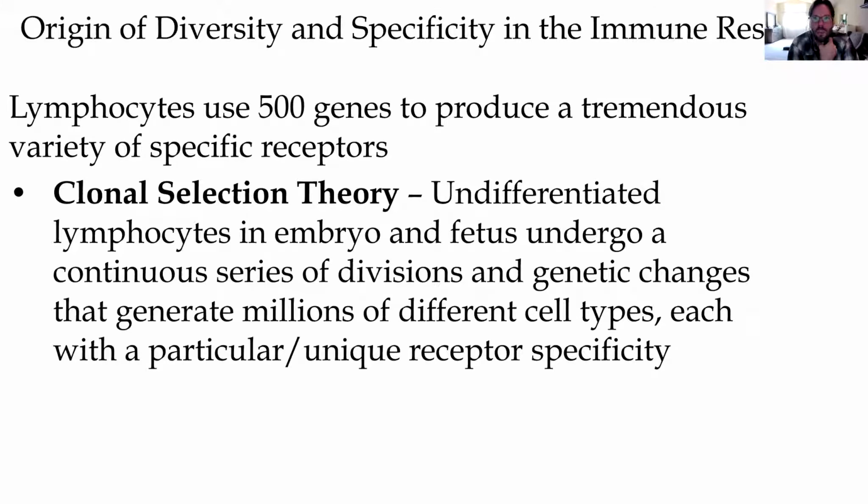Now, how do these lymphocytes, these T cells and B cells, actually get their specificity? Well, they have a bunch of different genes that they will express or not express, or that they will rearrange the genetic sequence of, to then create essentially proteins that are complementary to the antigens. And then once they've done that, they do a clonal expansion. So the selection is they found the antigen.